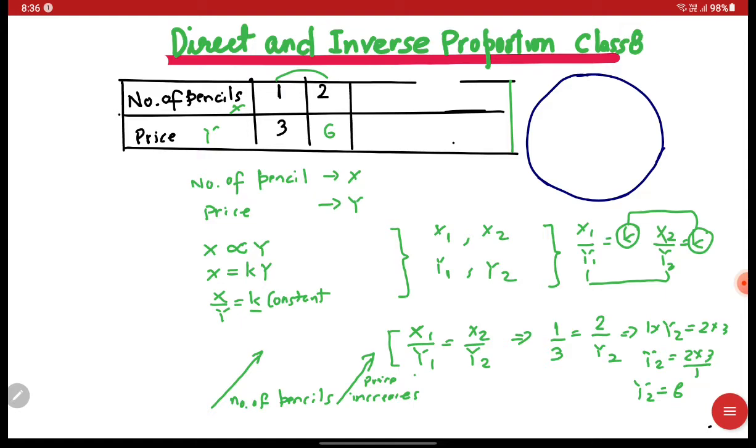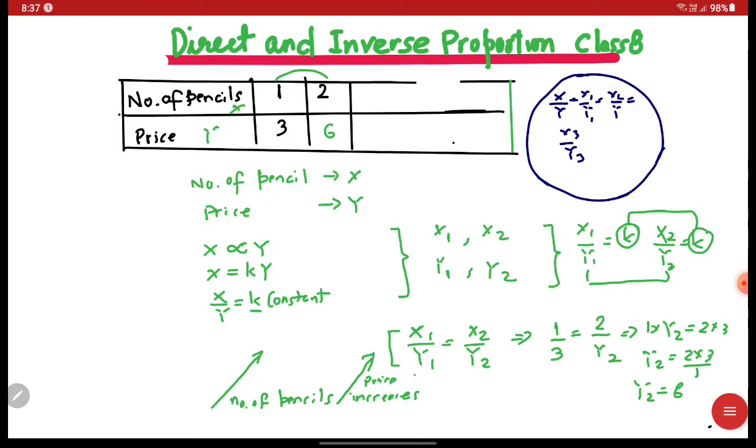For direct proportion, you have to find the ratio of x by y throughout the table. If you find the ratio is the same everywhere, then it will be called direct proportion. So it means x1 by y1 will be equal to x2 by y2, equal to x3 by y3, and so on.